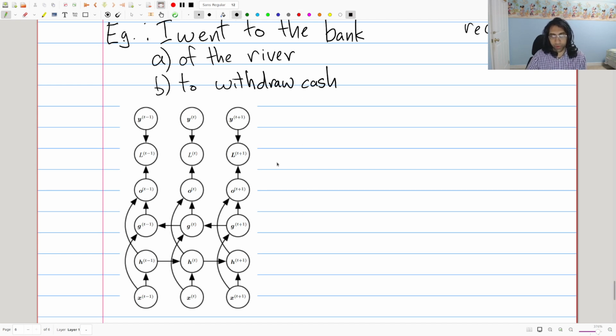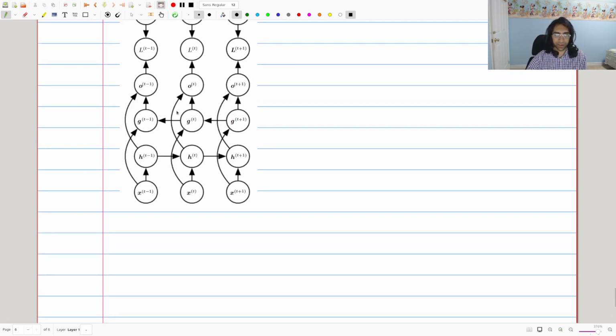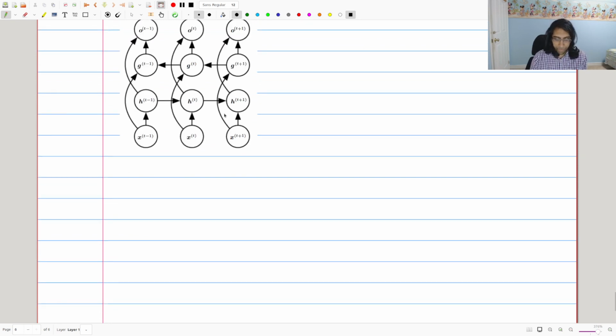It wouldn't be appropriate for other things, like next word prediction, because of course you can't use information from later words when predicting earlier words, because that would be too easy. You could just predict the next word based on what the next word is going to be. Okay, so that's one thing you should know of.